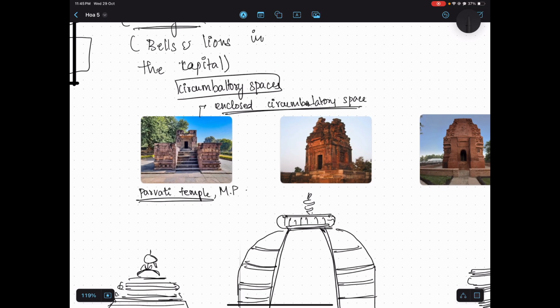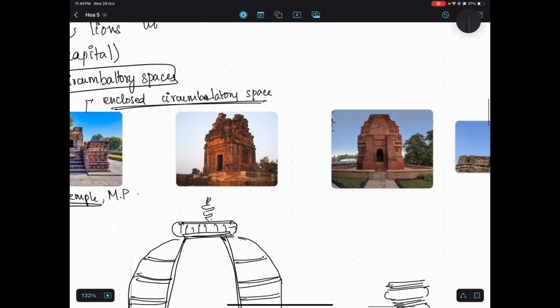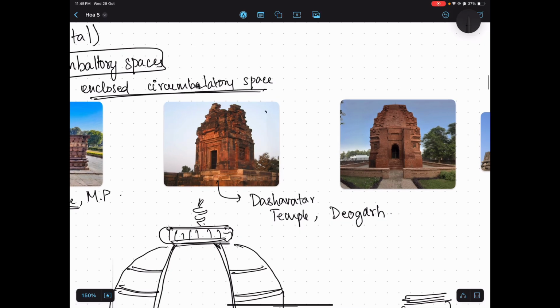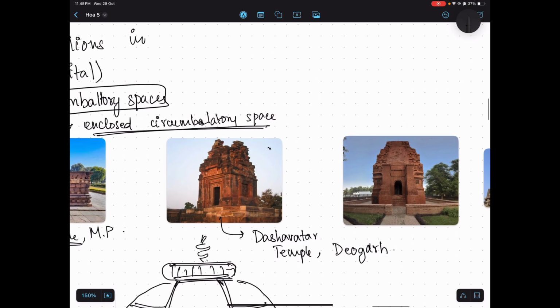Then we have an example of the Dashavatara temple, which is in ruins now, in Deogarh. Dashavatara temple is said to have, not Nava, sorry, it is said to have Sarvatobhadra planning.